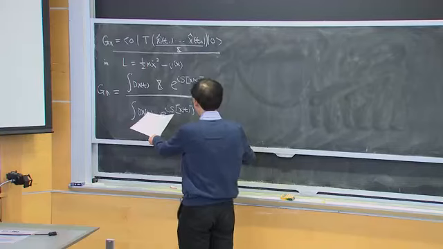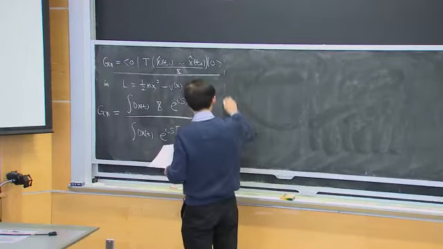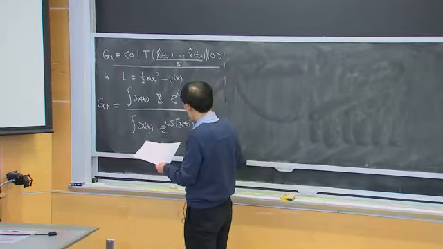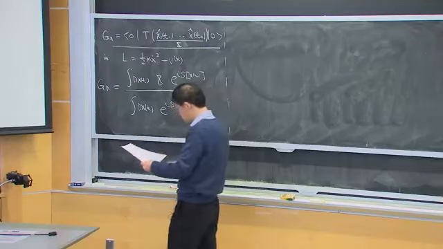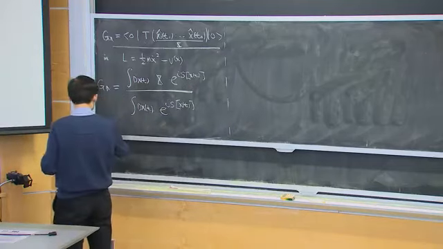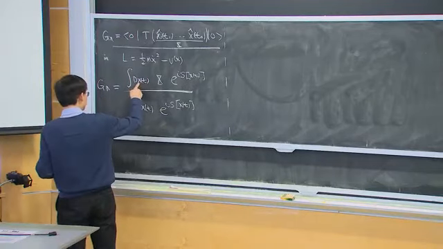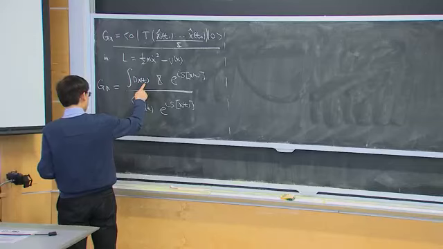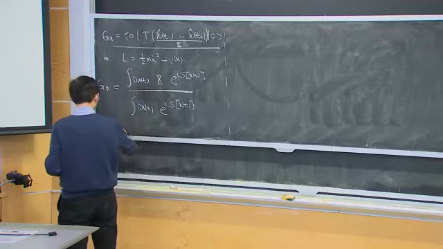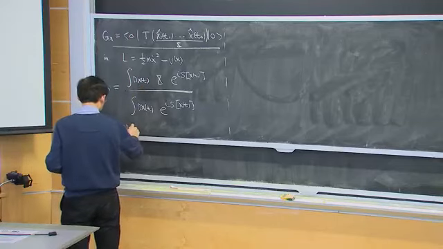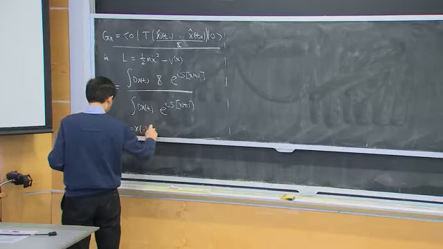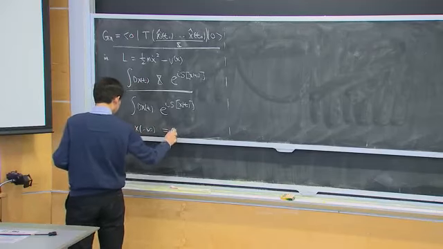Here I didn't write the upper limit and lower limit. It should be understood that the boundary condition for both path integrals is that the time range should be from minus infinity to plus infinity, and we can choose the value of x at both ends just to be 0.